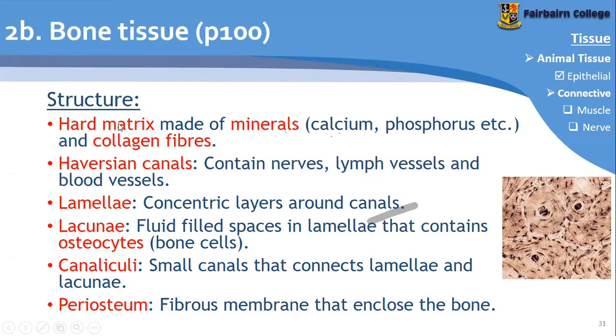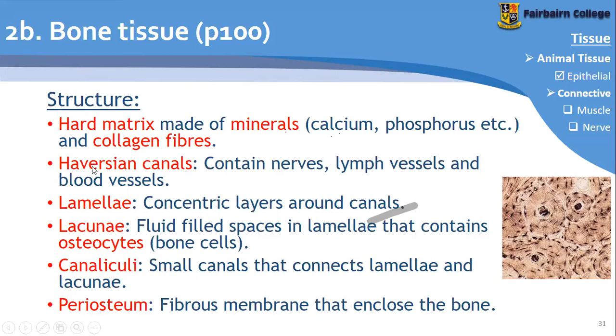So we have the matrix, which is made up of the minerals. Then these next few are quite confusing because they're big words that are complicated to say, but I'll try to make it as simple as possible. Here in the center of these circles, you see a large black dot compared to the others.